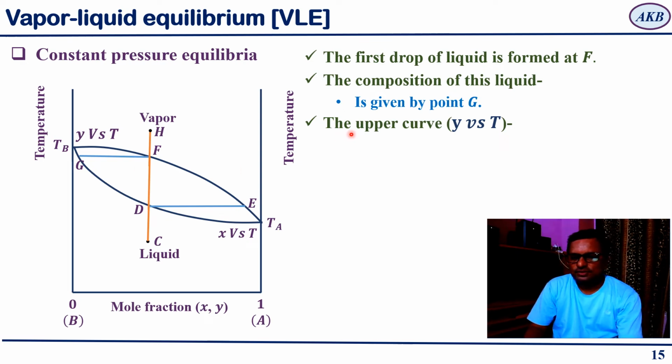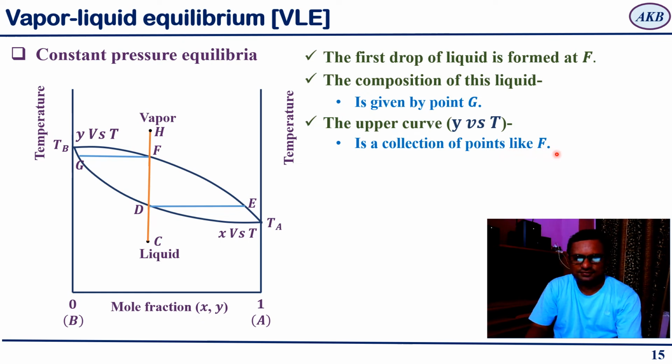Now the upper curve, what is that curve? Y versus T. This upper curve is a collection of points like F. So there is an infinite number of points like F on the upper curve. And what is the significance of each of these points?